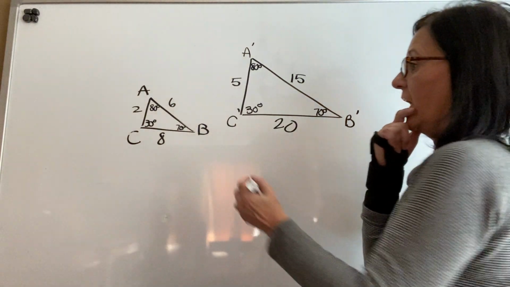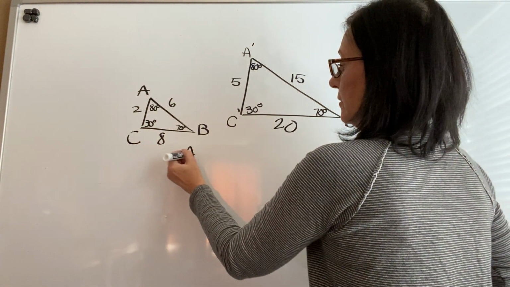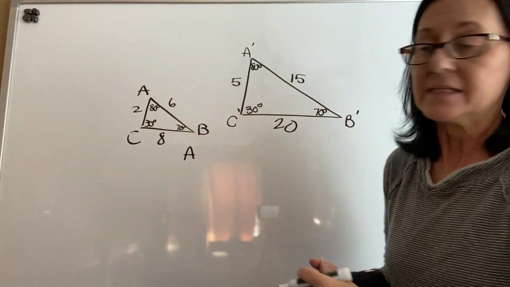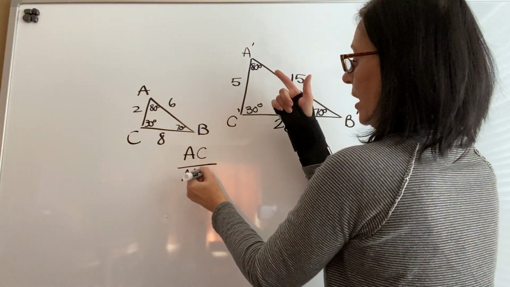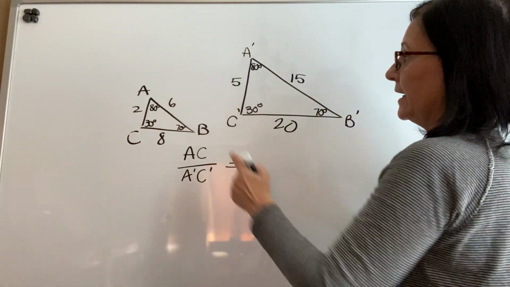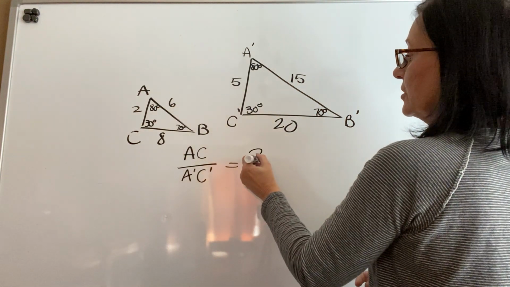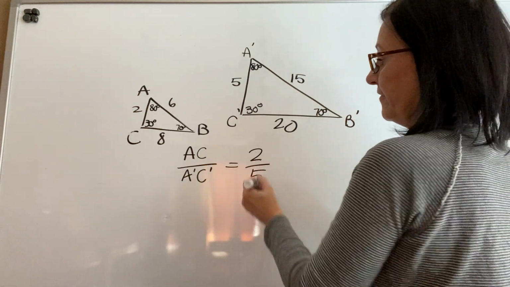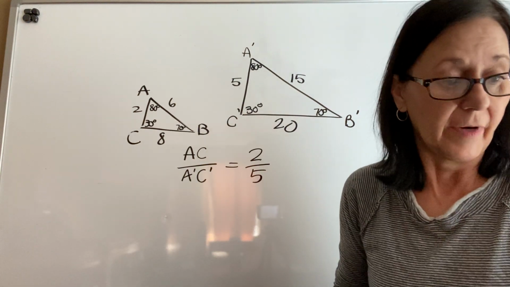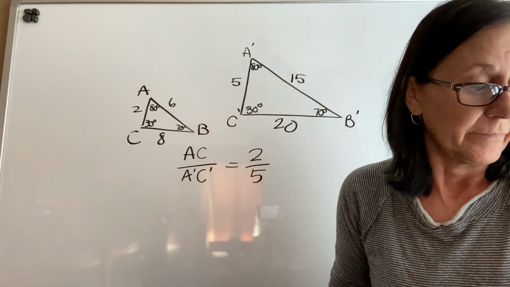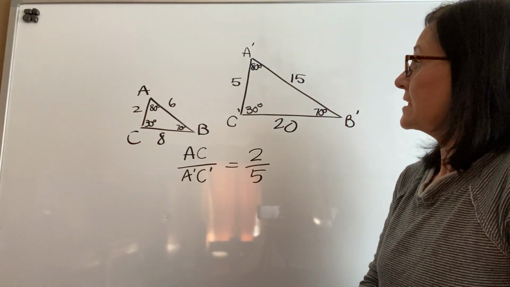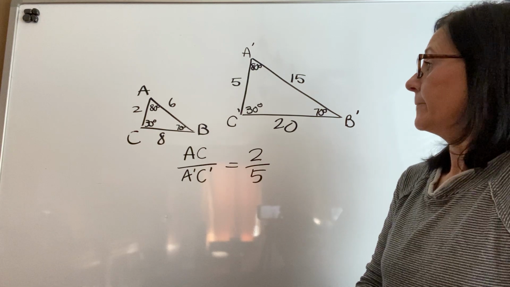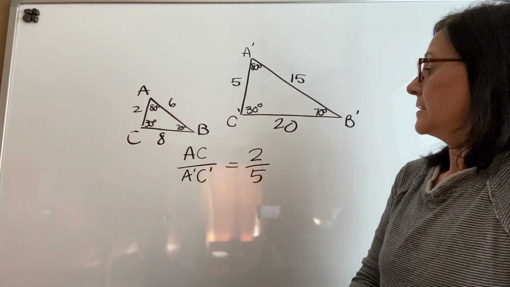So if I were to say AC, the length AC over A prime C prime, it is equal to 2/5, that ratio, right? This is your scale factor. You can multiply any of these.